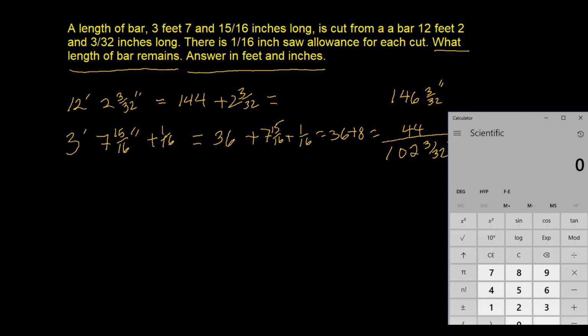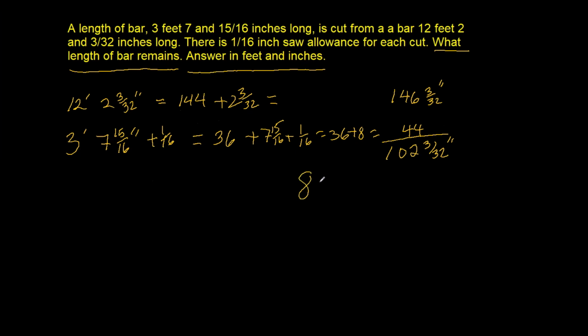So now we have our calculator here. We're going to enter in first the 102 divided by 12. Divided by 12 is 8.5. So 8.5 feet, since there's 12 inches to each foot, a half foot would be 6 inches, so we end up with 8 feet, 6 and 3/32 inches.